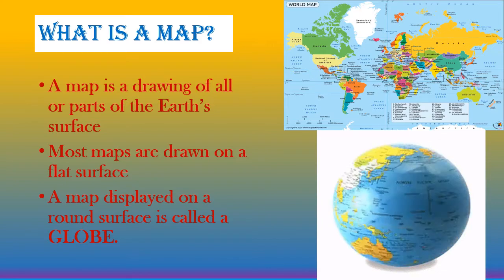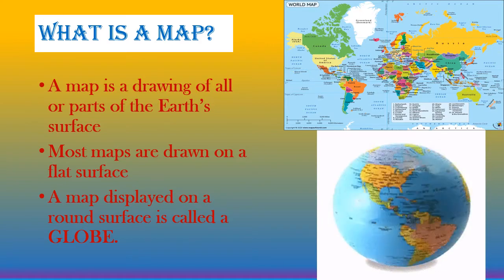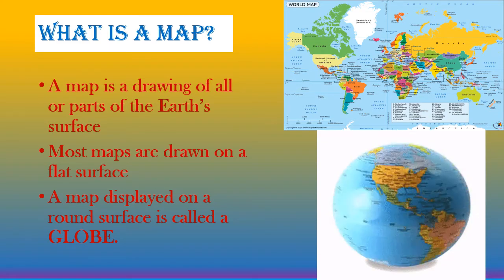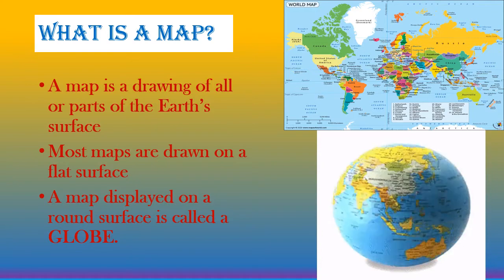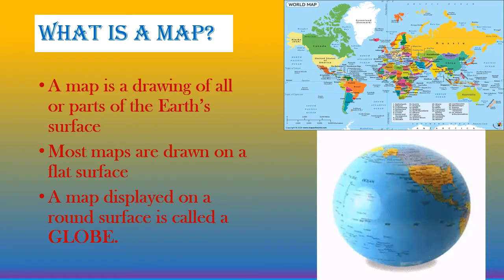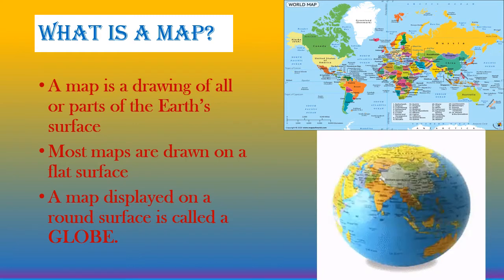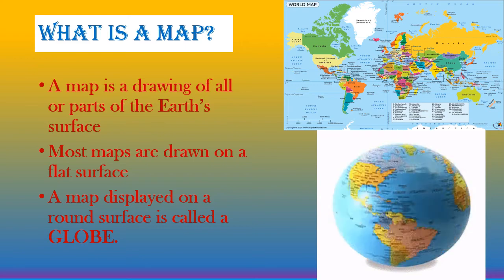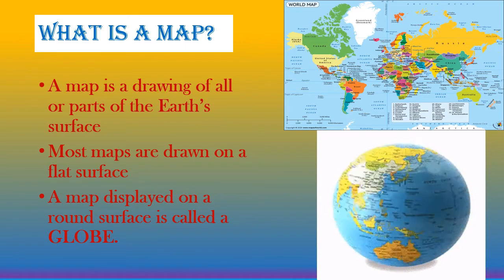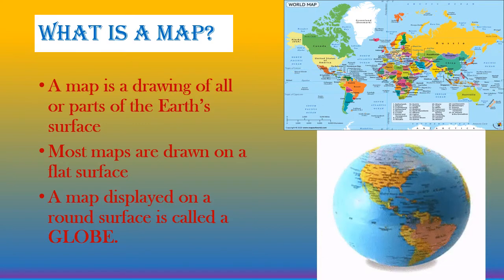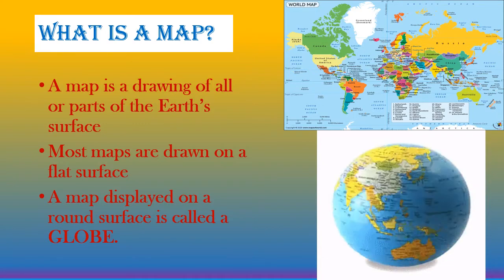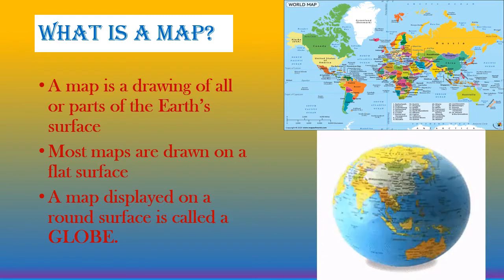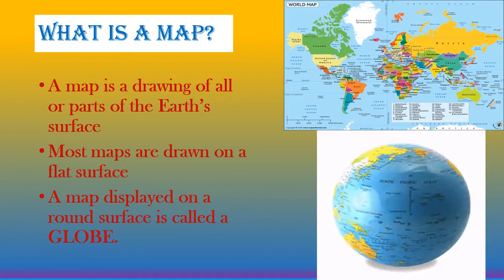There are different types of maps: world map, street map, a map of a city, a map of a country. They will show you different locations and different places. For example, a street map will show you roads, their names and various locations along those roads. And a world map will show you different areas of lands, different areas of water, different countries.